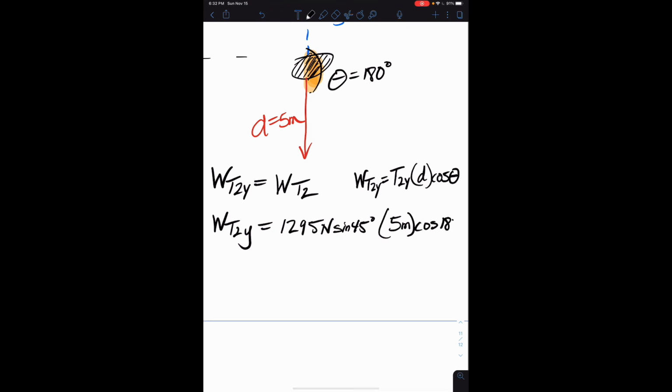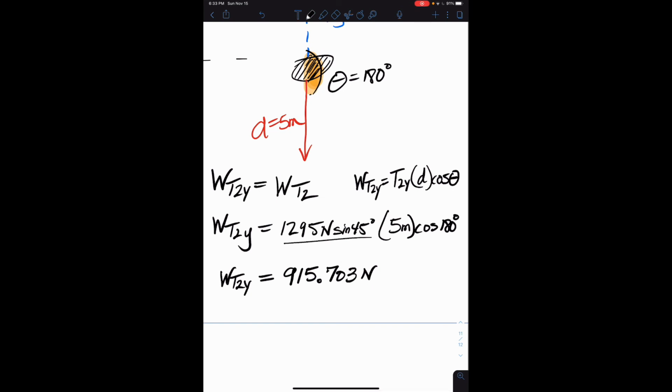Let's go ahead and write that in. I need to crunch this in my calculator. Give me 1 second to go snag that. 1295 times sine 45 is 915.703, roughly, newtons, and then cosine of 180 is just going to be -1, so -1 times 5 is -5 meters.